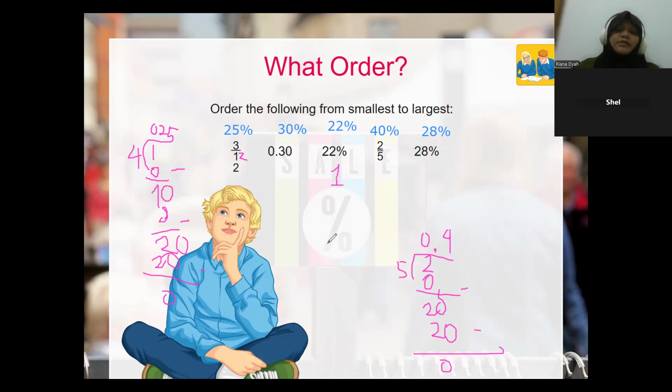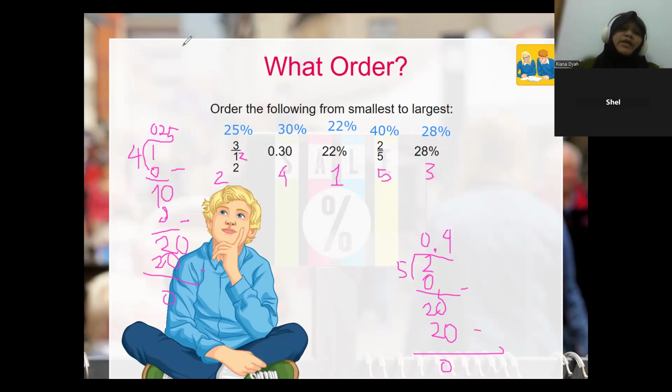I put it number 1. 25, I put it number 2. 28, I put it number 3. 30, I put it number 4. 40, yes, the last one will be 40%.